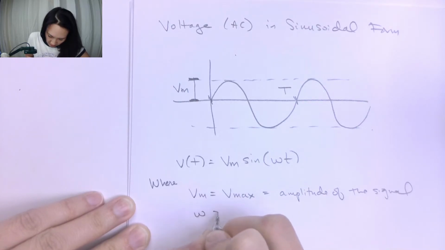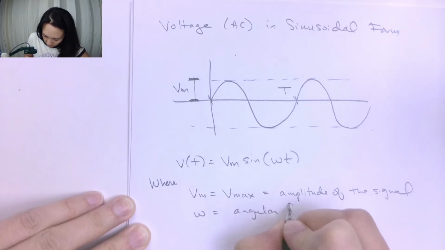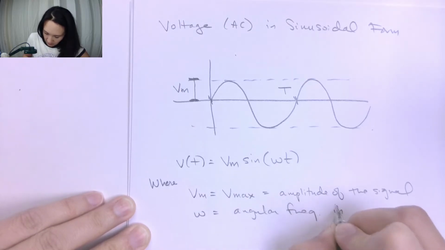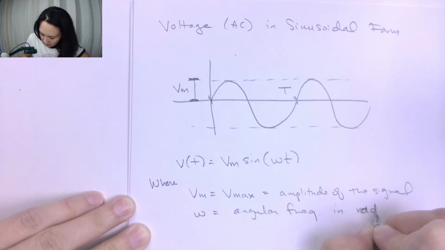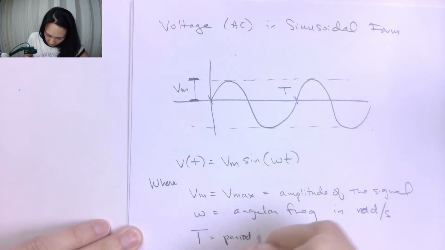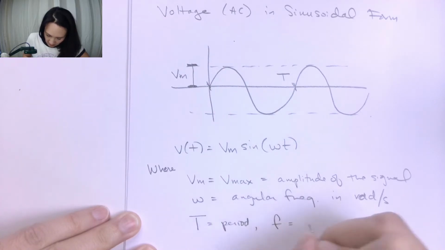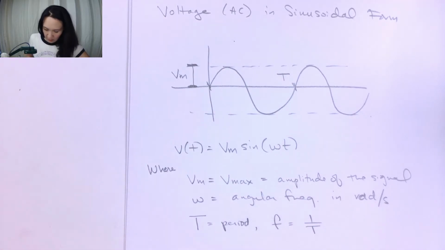And then omega is the angular frequency, and the unit is radians per second. And then big T is the period, and I have it labeled here on the graph. And frequency is 1 over period.